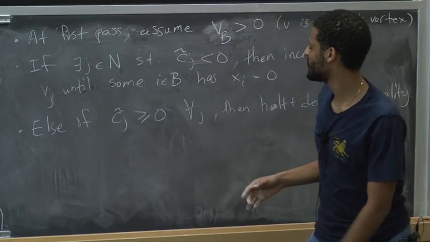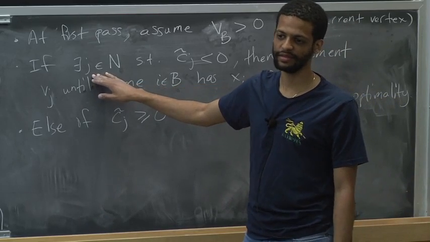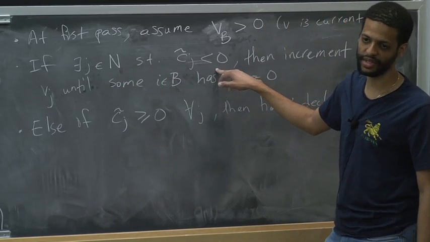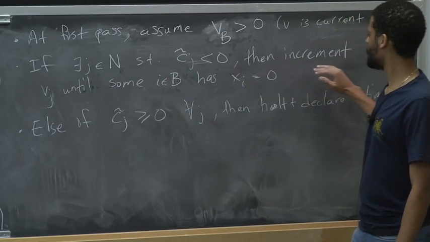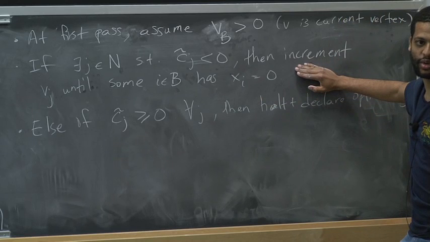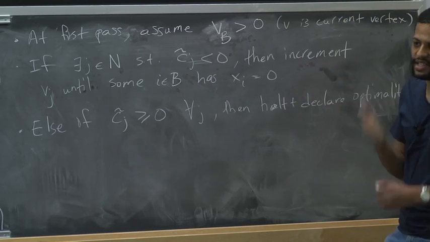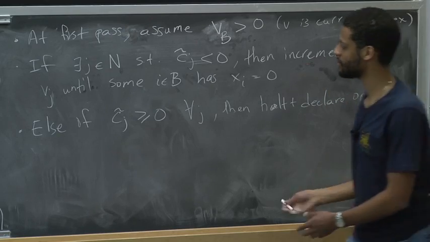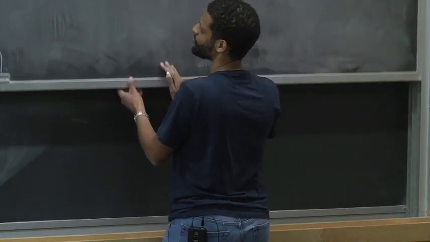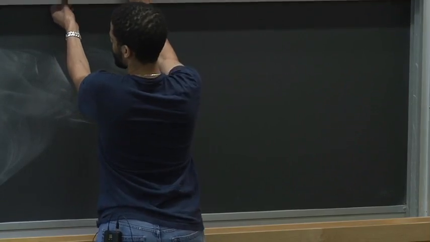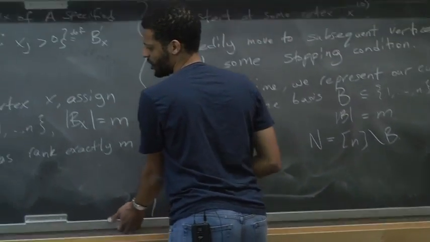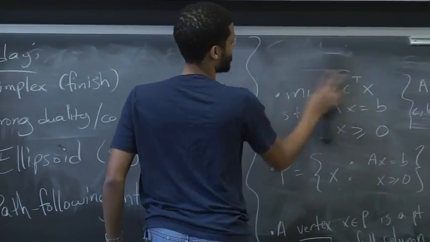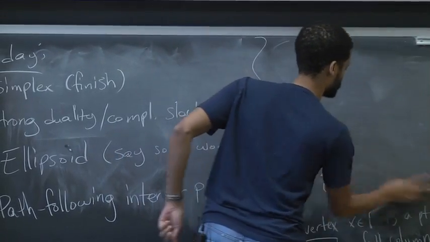In which case, there's a problem, which is that even if there is a c tilde j which is negative, we might not be able to increment the jth coordinate at all because it might instantly saturate a non-negativity constraint. Okay, so I'm not going to give the details on that, but I will tell you basically how it's fixed.